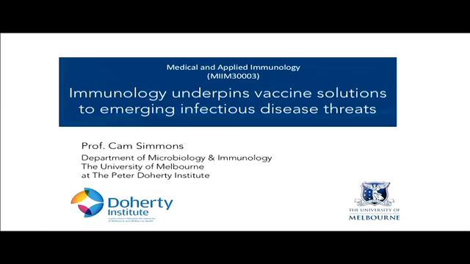We'll make a start. So today we have Professor Cam Simmons talking to us, and Cam is yet another graduate of the department. He did honours and PhD here and then postdoc in the UK for a while, and then got into more of a global health perspective and lived in Vietnam for quite a number of years.